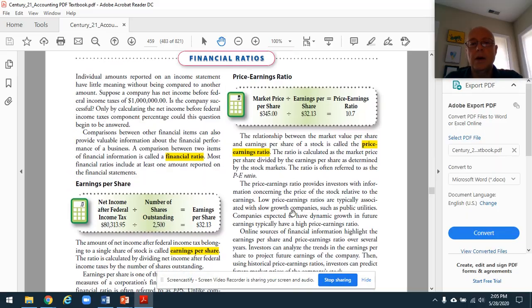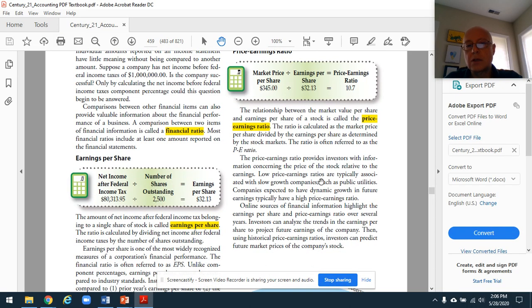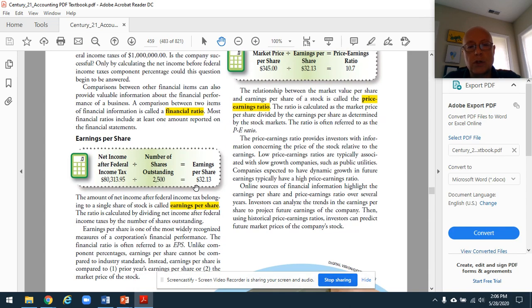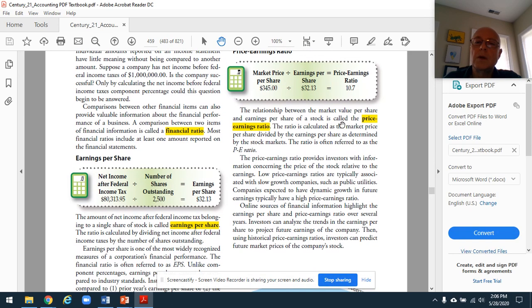Now, the second thing you've got to do is look at the earnings per share in order to calculate the price to earnings ratio. So you've got to do EPS before you do the P/E ratio. P/E is a really nice tool that allows you to compare the performance of companies that are not operating in the same space.